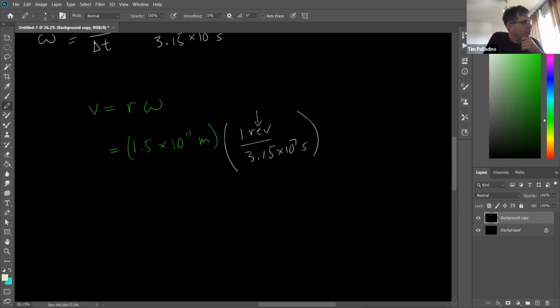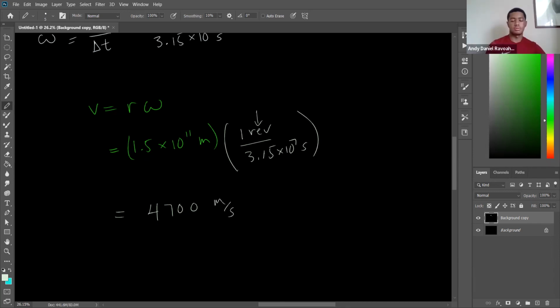So can someone tell me what 1.5 times 10 to the 11th divided by 3.15 times 10 to the 7th is? 4,761.9. So I'll call that 4,700, and we'll ignore the 61 because this number only has 2 sig figs. The units on this would be meters per second.